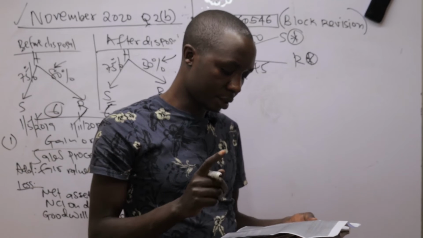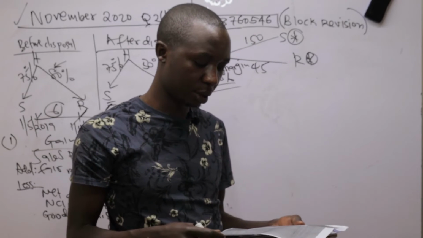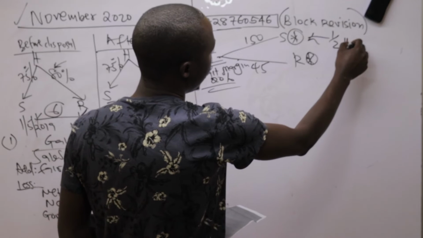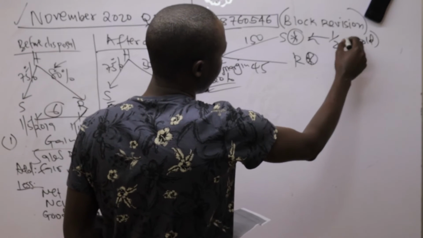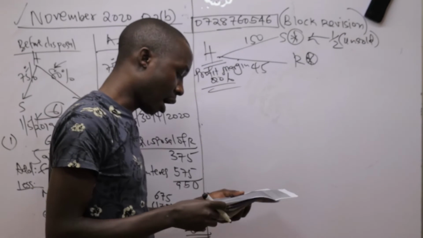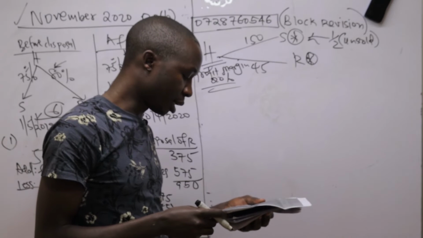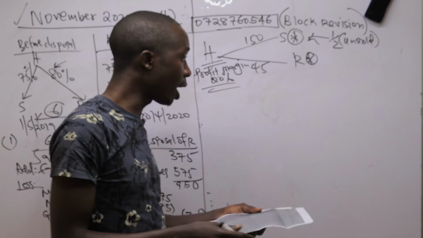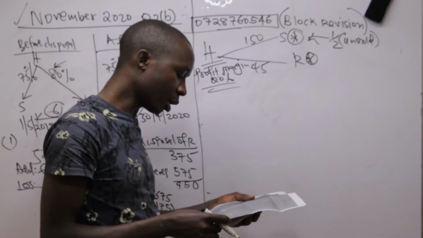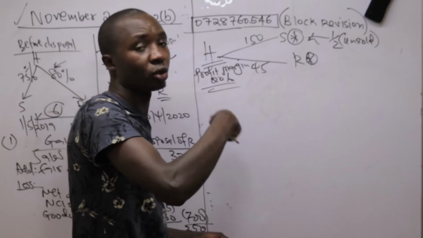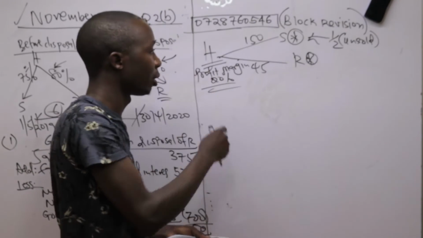At the year end, half of the inventory sold to S remained unsold. But the entire inventory sold to R had been transferred to third parties. So R had resold all the goods he received from H.